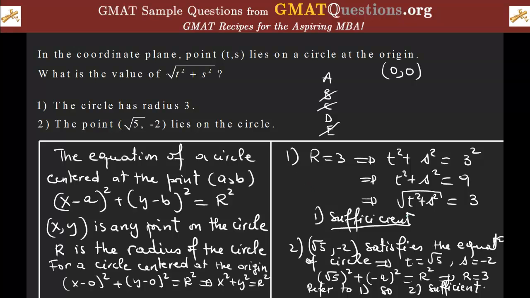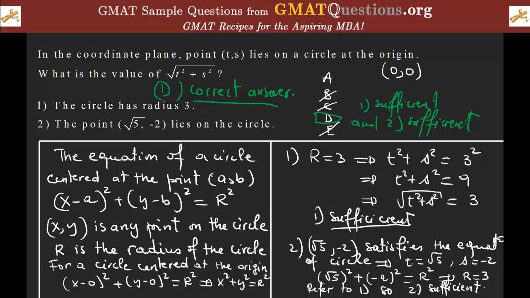So number 1 is sufficient, number 2 is sufficient, so the answer should be D. Easily D, because 1 sufficient and 2 sufficient. If you know data sufficiency, you should know that D is the correct answer.